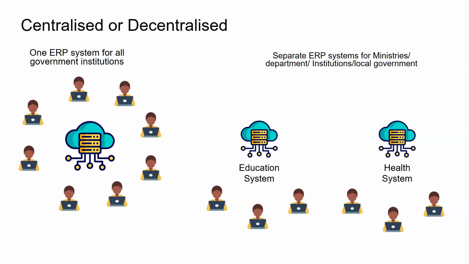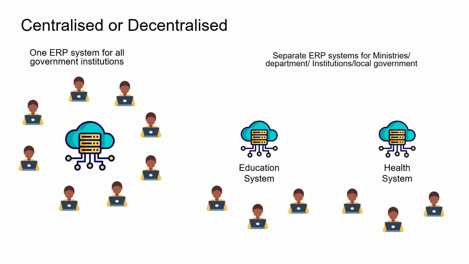Now, when we talk about ERP systems, there are centralized or decentralized systems, right? For example, consider the central government creates one central system for all schools in the country.